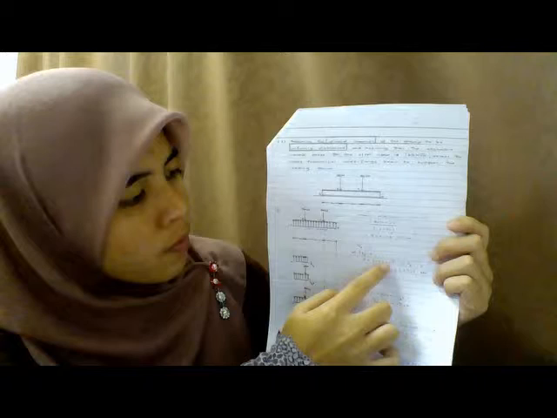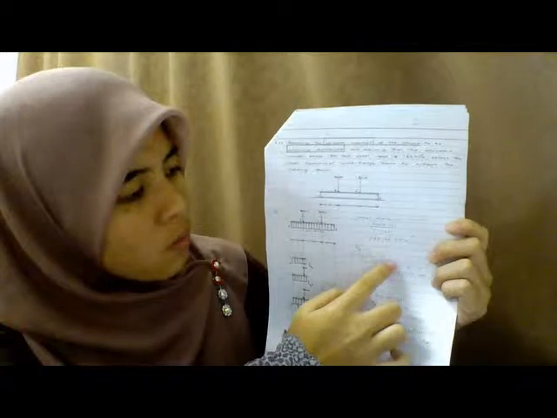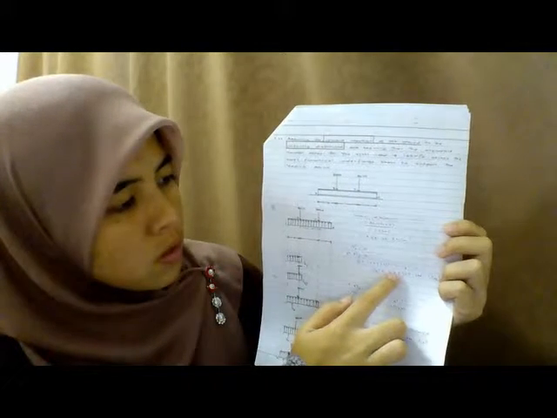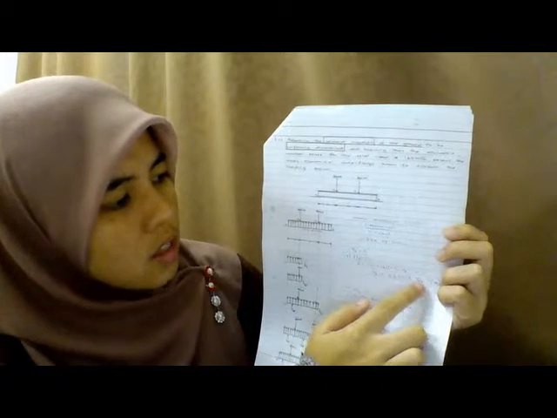So 0 is from A here. There is no force acted on it. Plus 444.44 times 1.2 minus Vb negative is equal to 0. Vb negative we can get the value is 533.328 kilonewton.